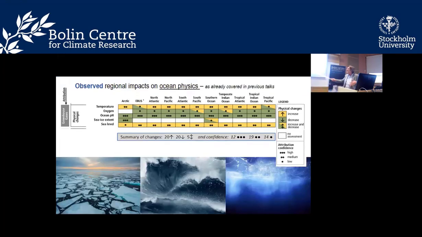Just this top part of that picture is what you heard about in the previous hour: the observed changes in ocean physics, temperature, oxygen, ocean pH, sea ice, sea level. Those are observations of either increase or decrease, or within those regions there might be changes in two directions. It doesn't mean they cancel each other out, but within a region, different sub-regional effects may be occurring.